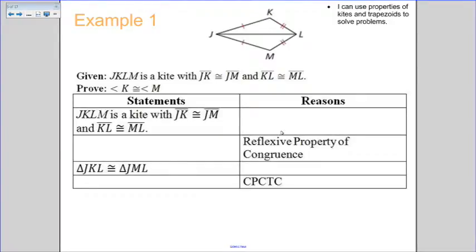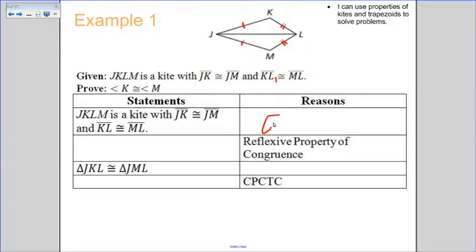Okay, so here we have a kite, JKLM. We know that JK is congruent to JM, and KL is congruent to ML. What we're going to try to prove is that angle K is congruent to angle M. Our first statement is JKLM is a kite with JK congruent to JM, KL congruent to ML.